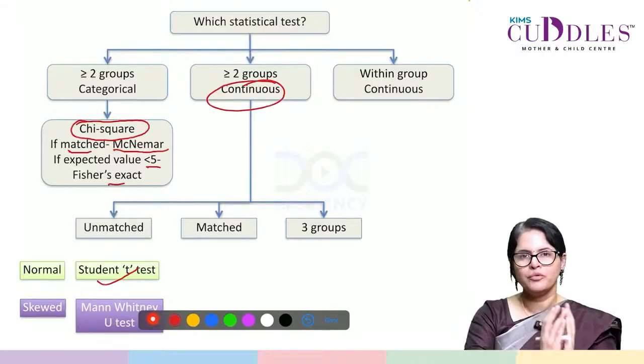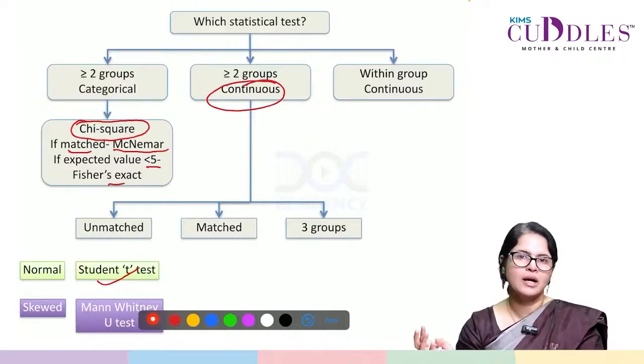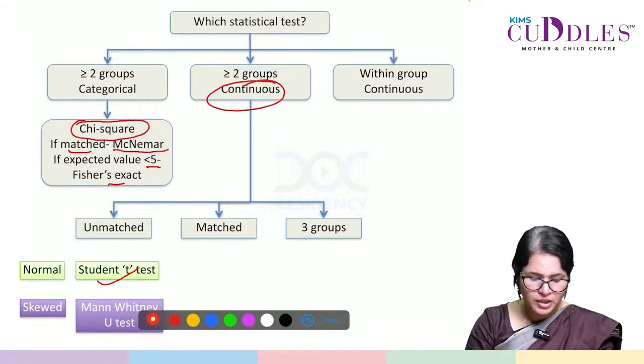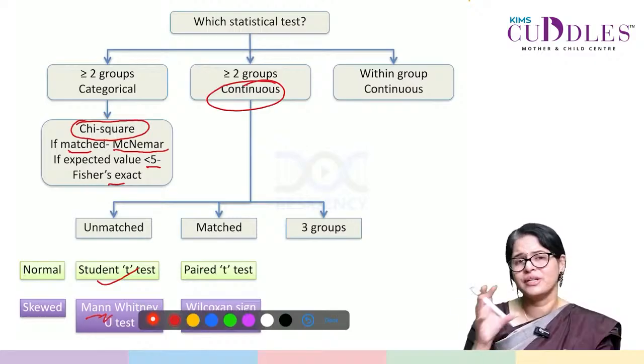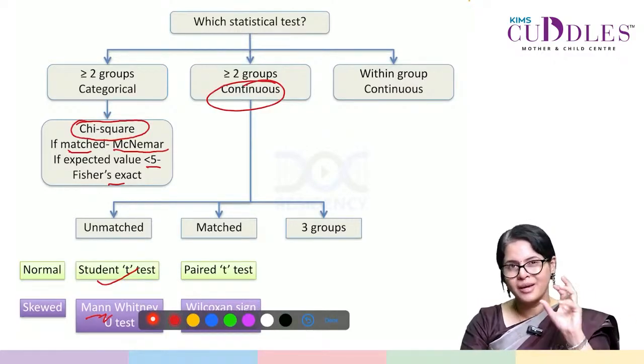You have, say, more individuals on the lower end of the distribution, the lesser values, than the higher values. Then we call it a skewed distribution or non-normally distributed numerical data, in which case we have to use the Mann-Whitney U-test.